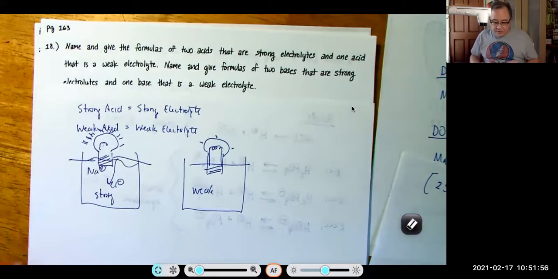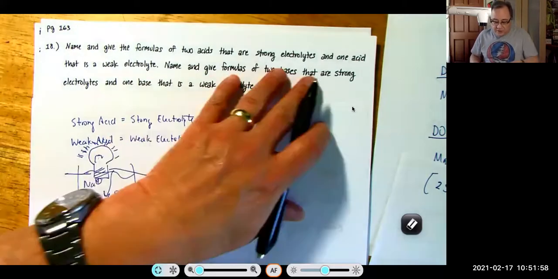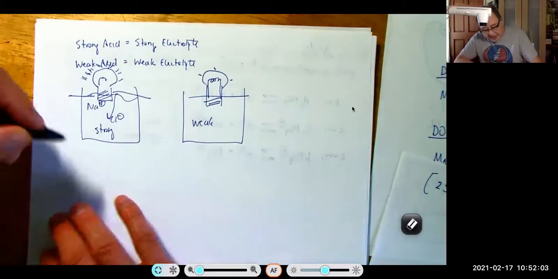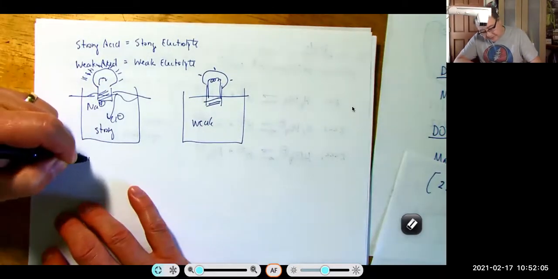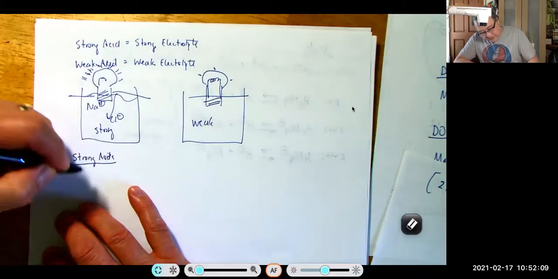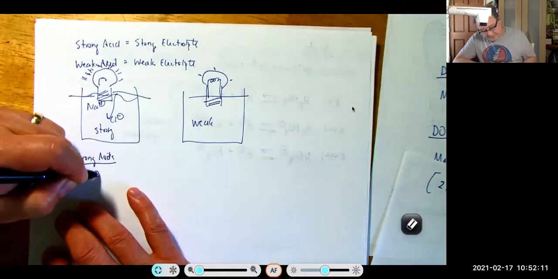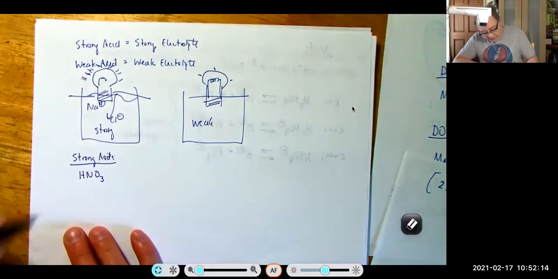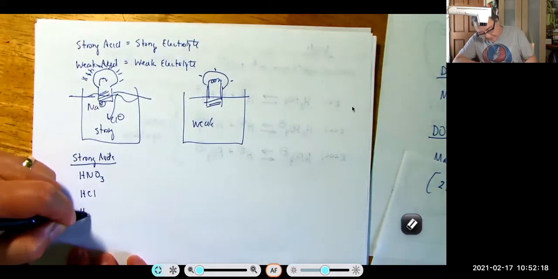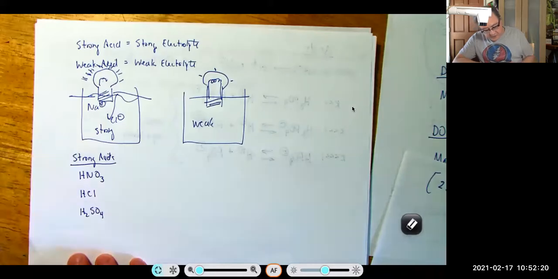And here they want to know what are some strong electrolytes and what are some weak electrolytes. So I'm going to give you some strong acids. This one here. This one here. This one here. These are all strong.